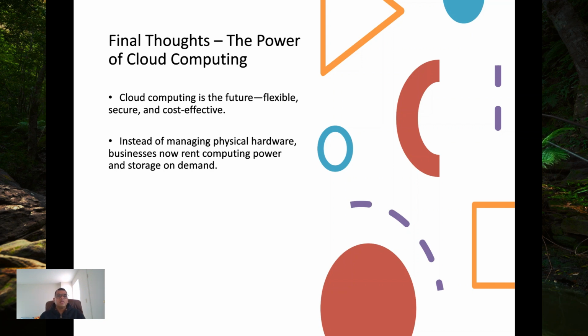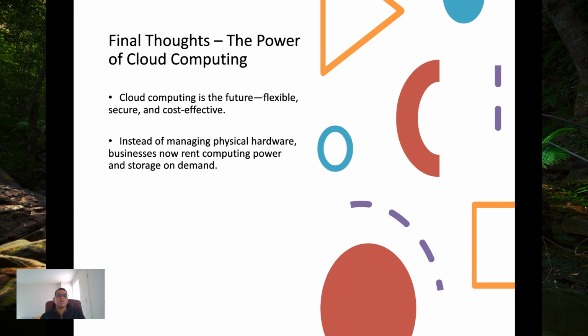Third, accessibility. Because cloud computing works over the internet, we can work from anywhere, so it is accessible from any device. Next, easy to set up: whenever we want any new application or service, we can start using it after a few clicks.